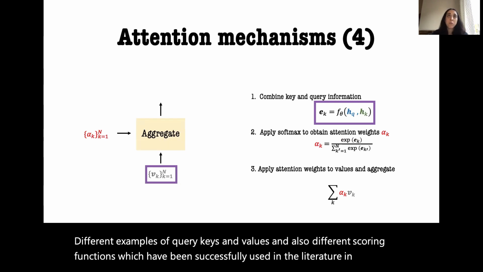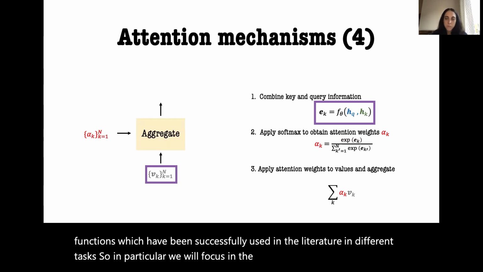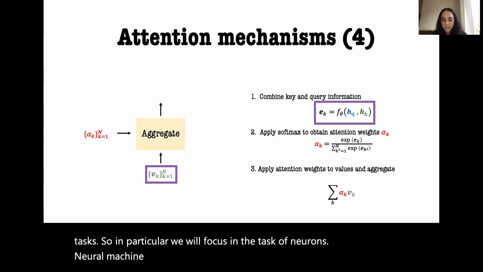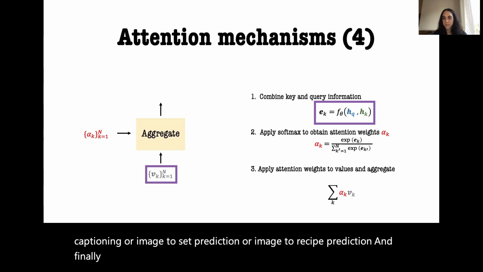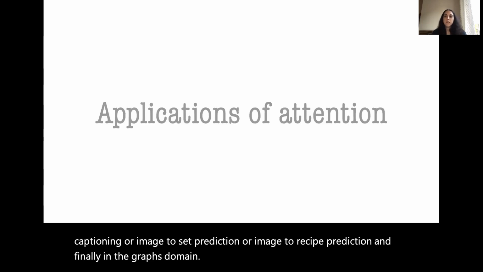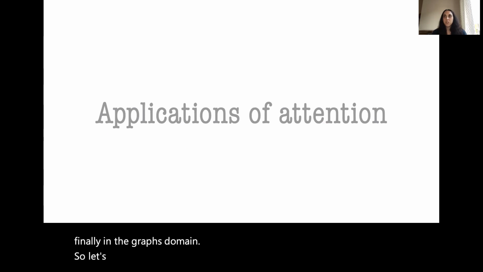We will focus on the task of neural machine translation, then on computer vision tasks such as image captioning, image to set prediction or image to recipe prediction, and finally on the graphs domain. So let's start with the applications of attention.